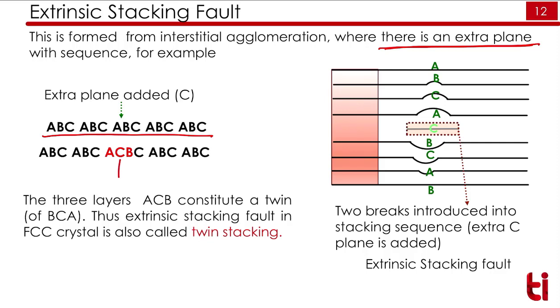If we add an extra C here, if an extra C is observed during microstructure observation, that we call an extrinsic stacking fault. Here in this figure you can see the ABC, ABC, ABC sequence, and between A and B there is an extra C. So if it is extra, we call it extrinsic.